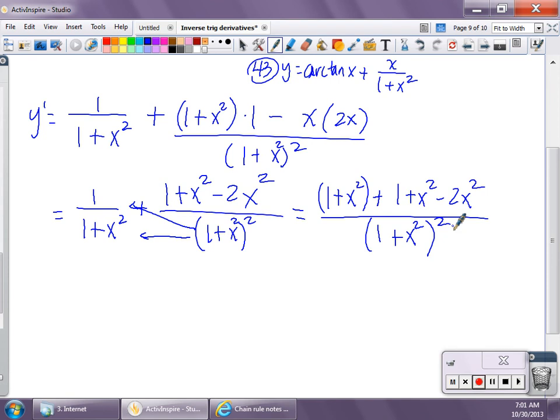Again, all I did there was to get a common denominator. I multiplied the numerator by 1 plus x squared and the denominator by 1 plus x squared. And that's what gave me 1 plus x squared squared, so they have the same denominator. Cleaning that up, I have x squared plus x squared is 2x squared minus 2x squared. That subtracts out. And then I have 1 plus 1 is 2. So 2 over 1 plus x squared quantity squared.